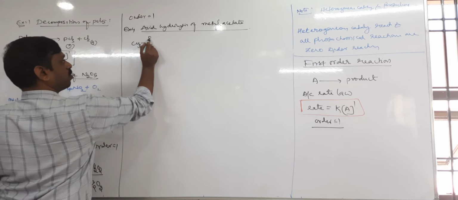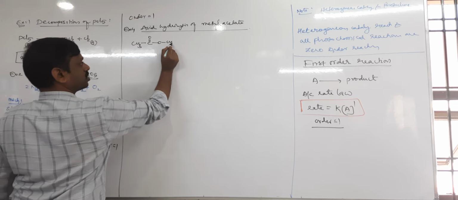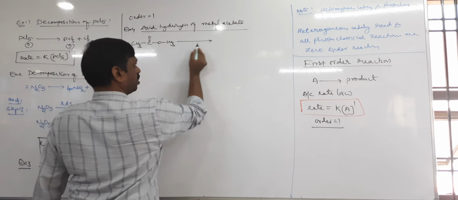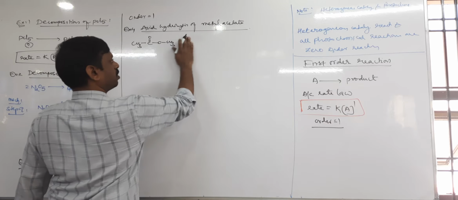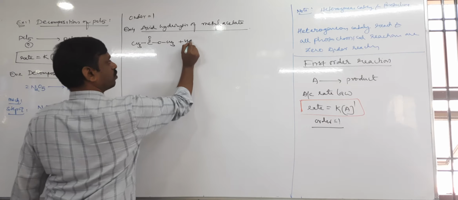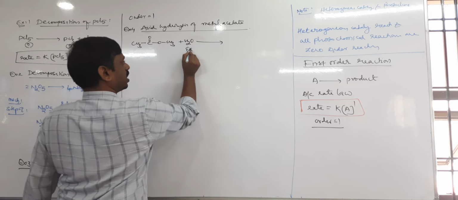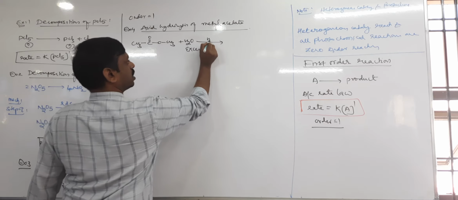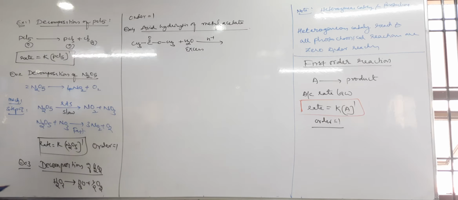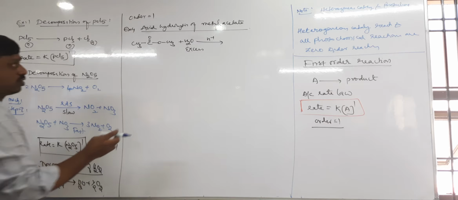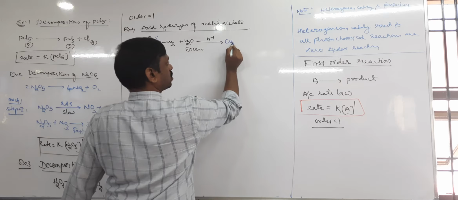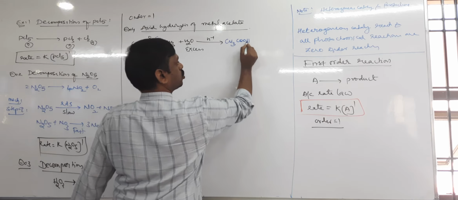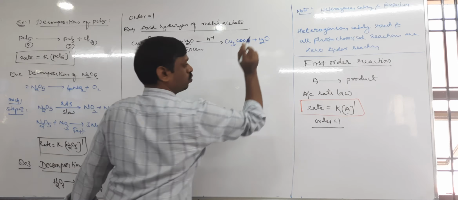CH3, C double bond O, and then CH3. Right, it is an ester. Ester undergoes hydrolysis in acidic medium. Hydrolysis reaction with water, which is taken in excess, and there is H plus. Tell me, ester undergoes hydrolysis, what do you get? This bond is broken, you will get CH3COOH plus CH3OH.